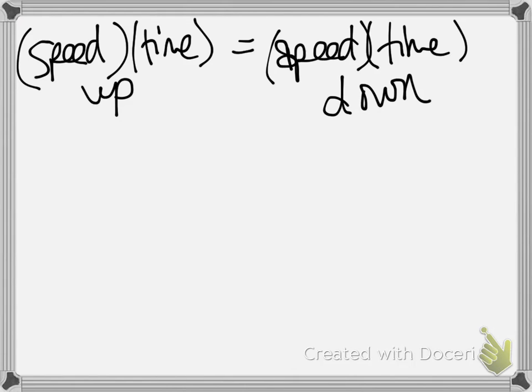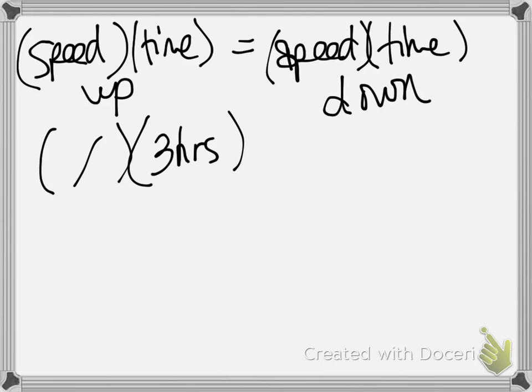So I'm going to go back to my equation, and it says the boat travels x miles per hour upstream. On the return trip, the boat travels 2 miles per hour faster. Also, if you look at the picture to the left, it says that to go upstream takes 3 hours, but we don't know what the speed is.